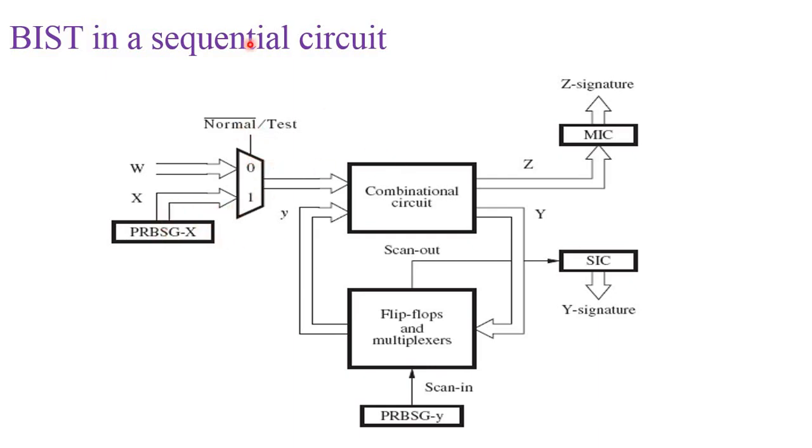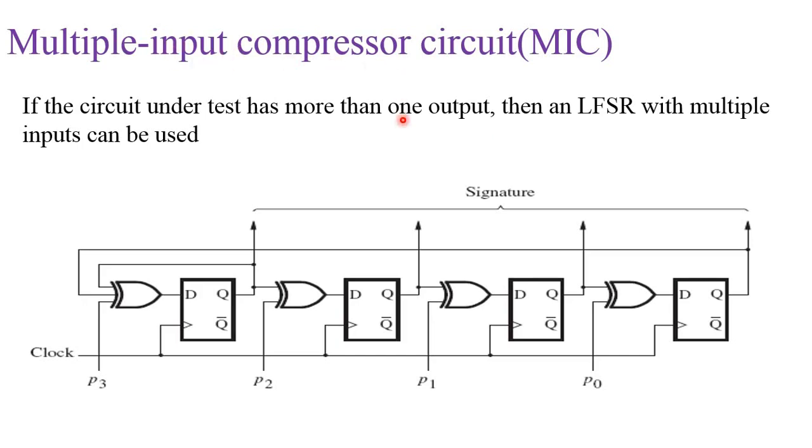And in the normal test, what will be generated at the multiplexer? The externally applied inputs are generated, and after getting this we get multiple input vectors. That is the multiple input compressor circuit we discussed previously.